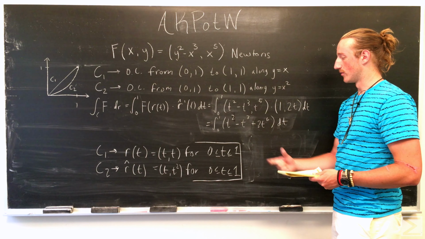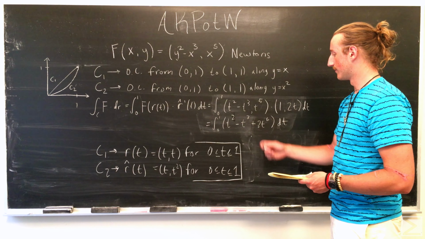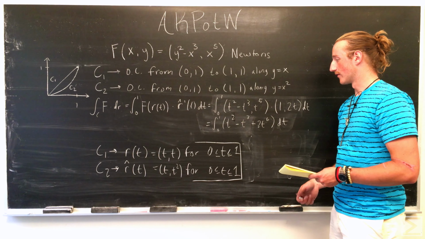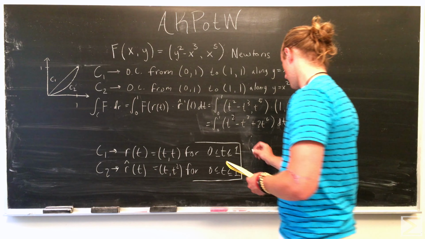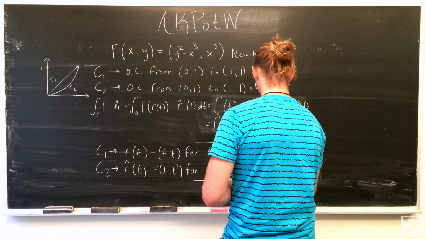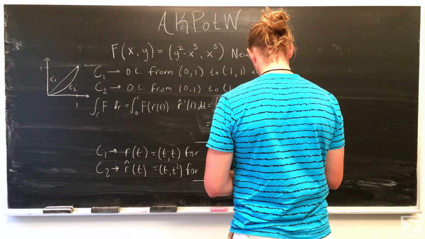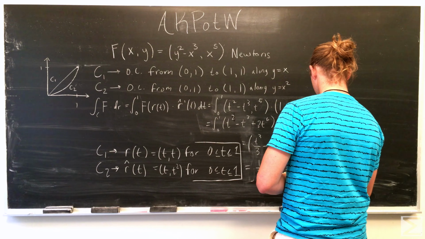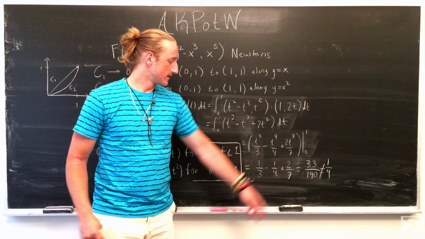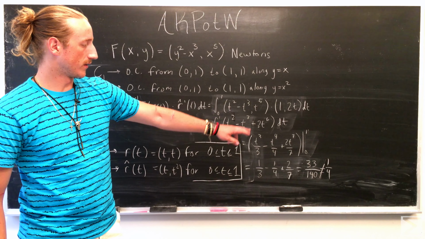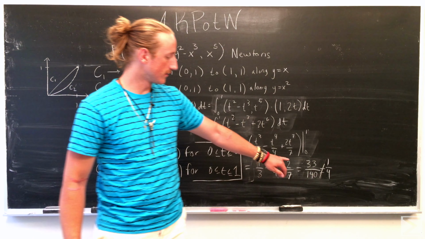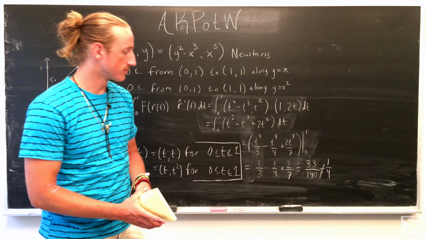Multiplying the vector through, we get t squared minus t cubed plus 2t to the 6th, and then we evaluate that integral from 0 to 1. After multiplying through and evaluating, this integral comes out to be 33 over 140, which is smaller than 1/4.